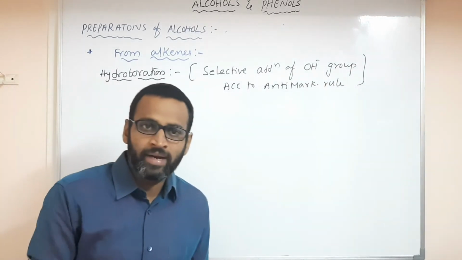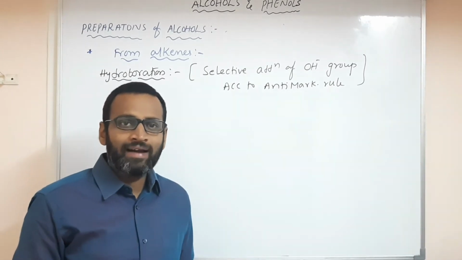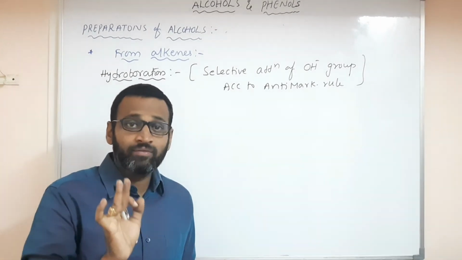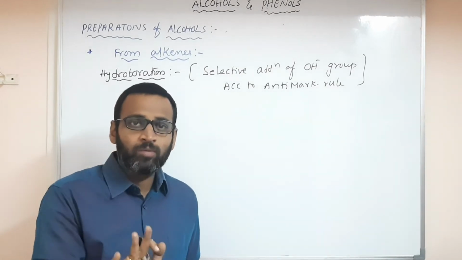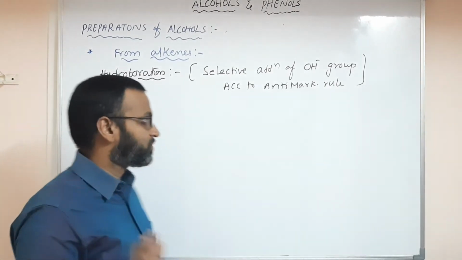Very simple. No migration, no rearrangement. Simply you have the OH group at the double-bonded carbon which has more hydrogens. This is very, very clear.